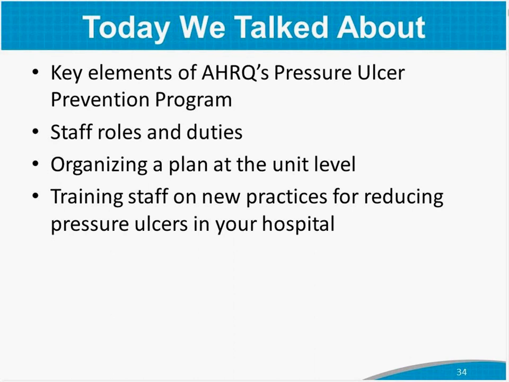Other universal practices that you might want to consider are shear reduction, and one of the ways that has been mentioned in the new guidelines, and there's growing evidence, is by using foam dressings. There's been a variety of studies out there that reported success in reducing pressure ulcers by using foam dressings prophylactically.